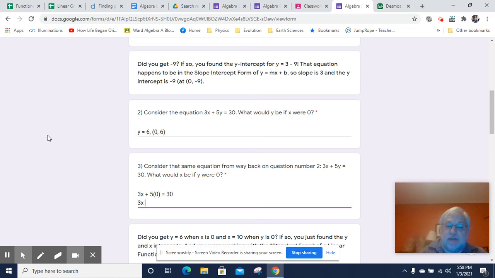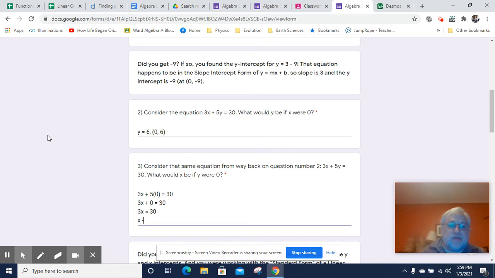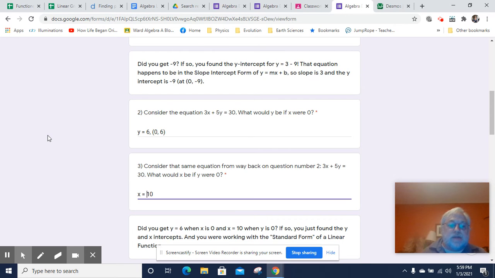So 3x plus 0 equals 30. 3x equals 30. X equals 10. And so we now know that x is 10 when y is 0. So x is 10, and that's going to create a point at 10, 0, because y will be 0 there.